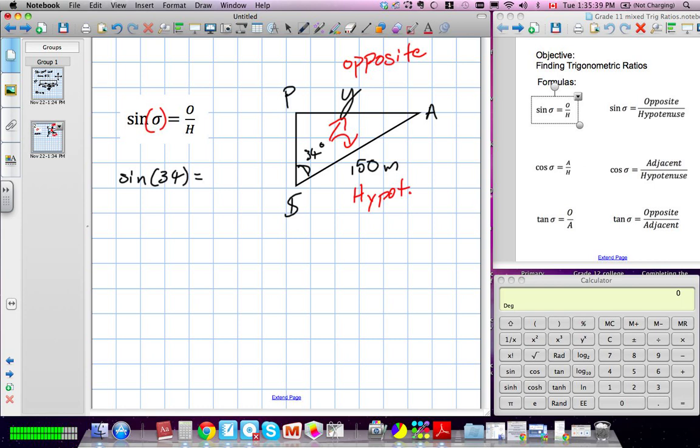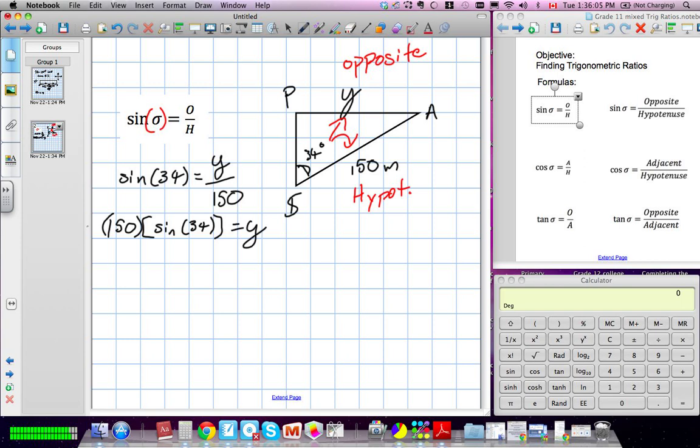To isolate y, we bring 150 over. Now, because this says divided by, when it goes to the other side, it has to become multiplied. So we get 150 times sine 34 is equal to y.